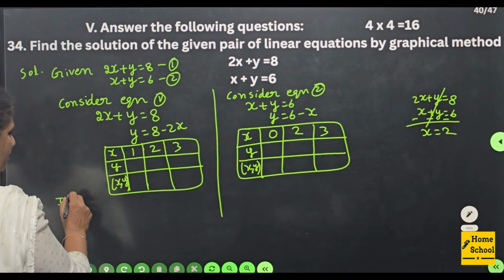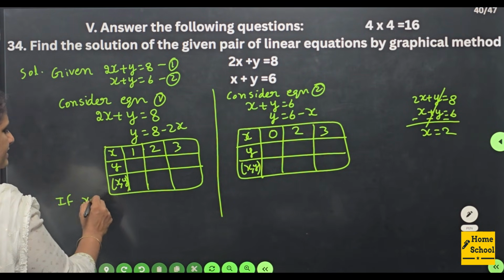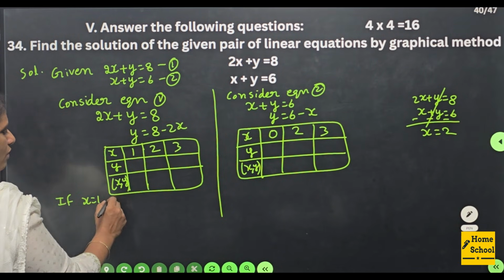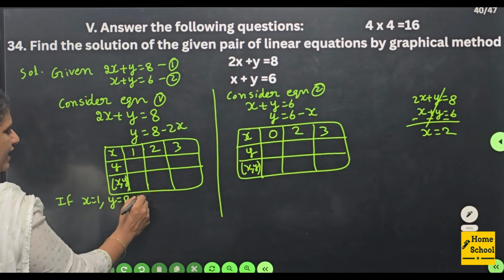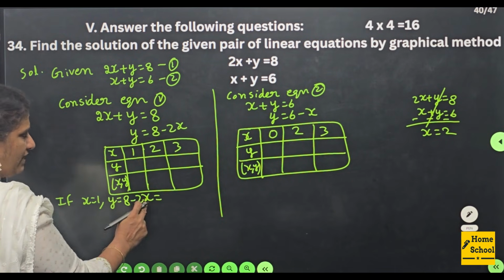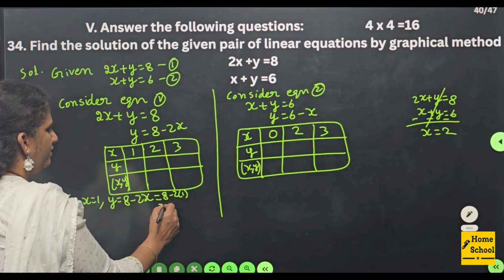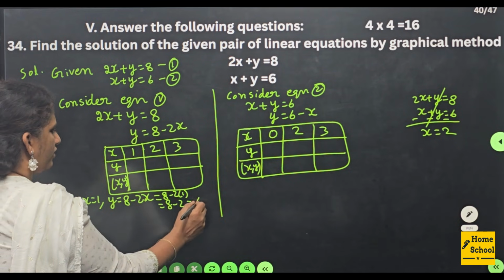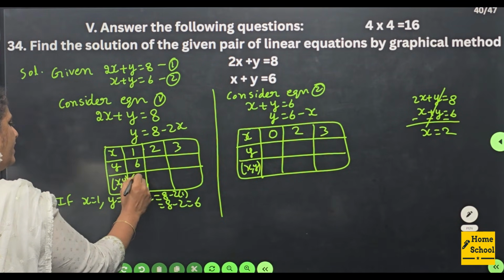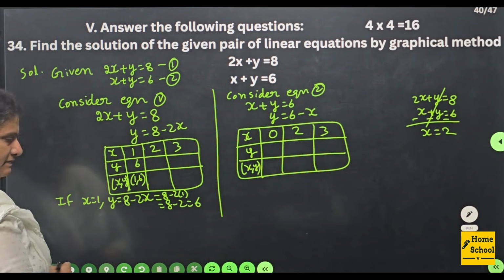If x is equal to 1, y is equal to 8 minus 2x. In place of x substitute 1. 8 minus 2 into 1, that is 8 minus 2 is equal to 6. The coordinate is 1, 6.